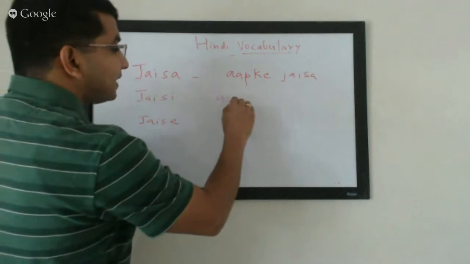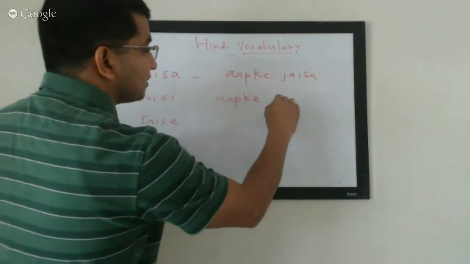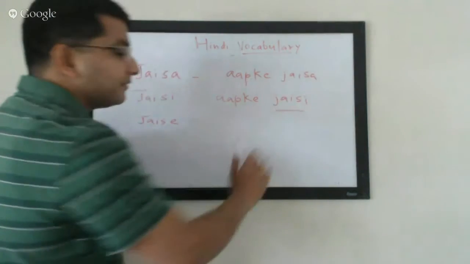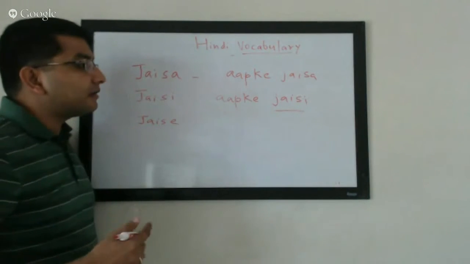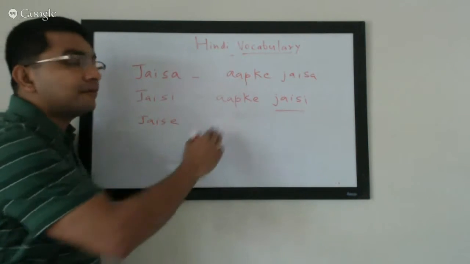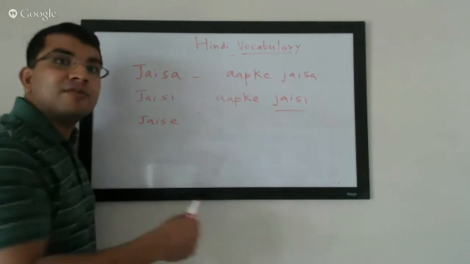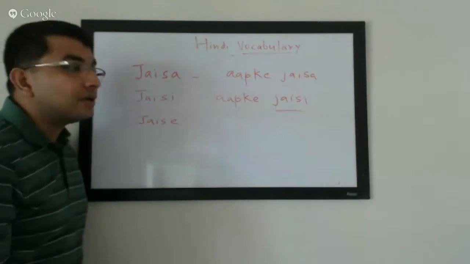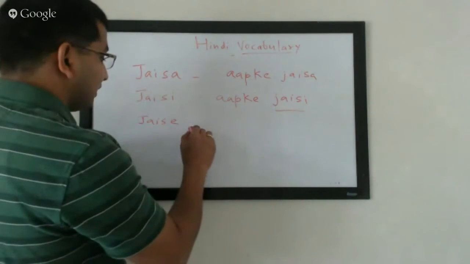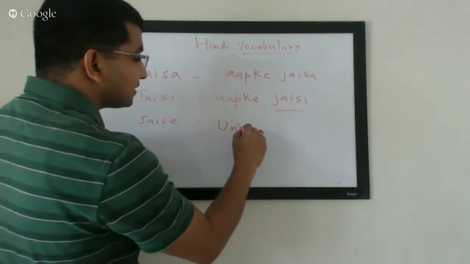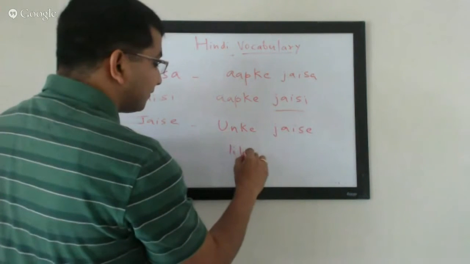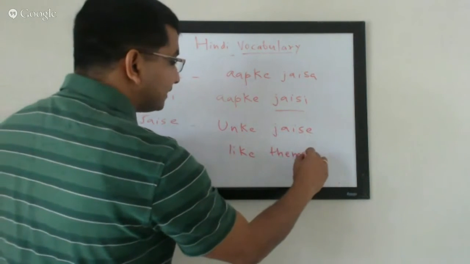You can also use आपके जैसी, because in this case you're referring to a girl, right? I mean, we need an employee, or we need a strong programmer, right? So आपके जैसी, someone who looks like you or someone who can work like you. And then जैसे, I'm going to give a simple example, उनके जैसे, like them.